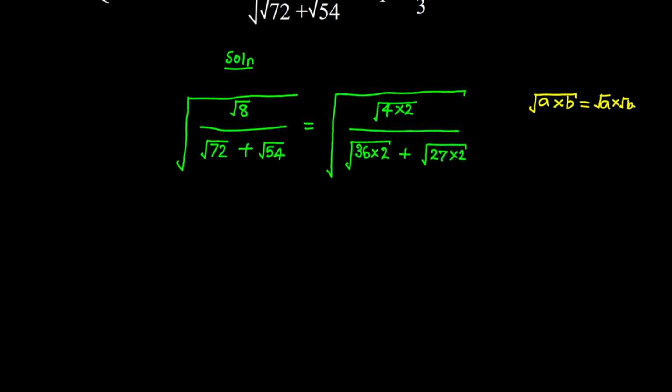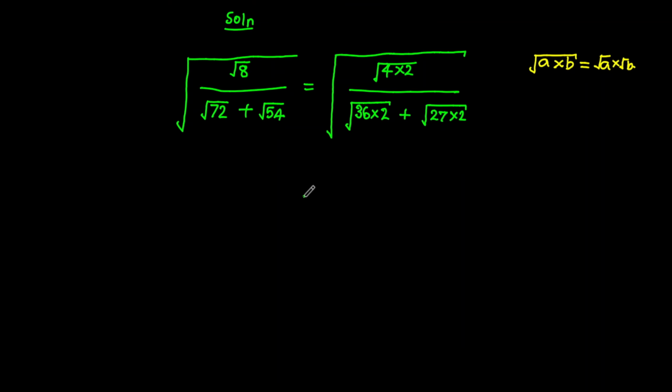For the numerator, square root of 4 times square root of 2, all over square root of 36 times square root of 2 plus square root of 27 times also root 2, and everything is under a root.